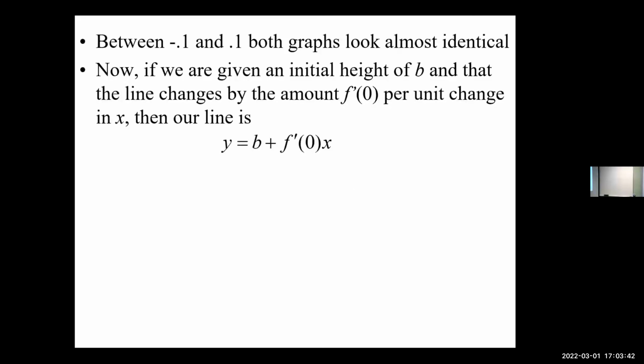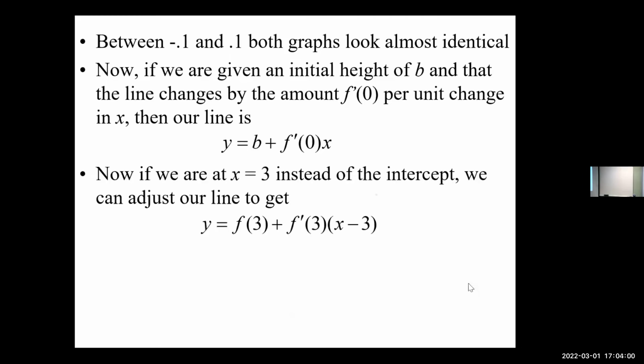So basically what's happening is we're at some point, and then the derivative gives us our rate of change. And then we look at the expected change in our output for any possible change in input. So let's say we've got a tangent line at 3. There are two pieces going on here.